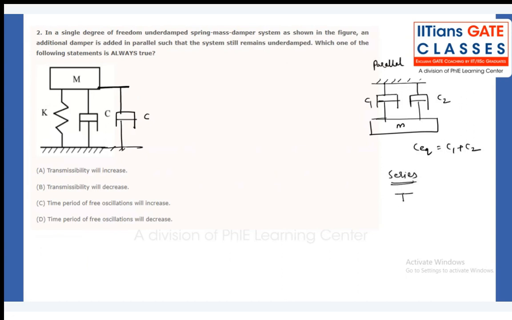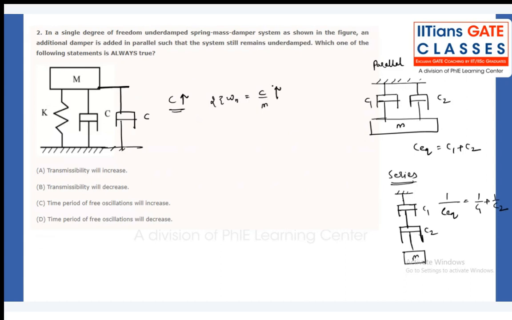Whenever we add anything in series, they are behaving in the same manner as the spring. That means if I add the damper in parallel, C will increase. When C increases, from the formula 2 zeta omega n is equal to C by m, zeta will increase.